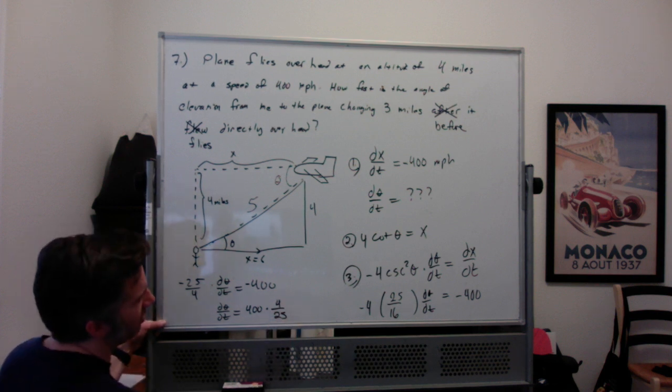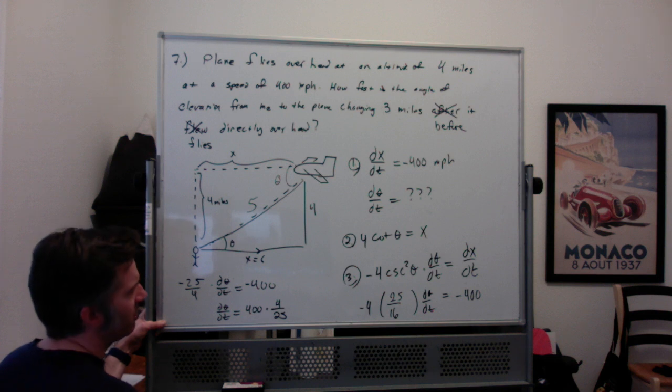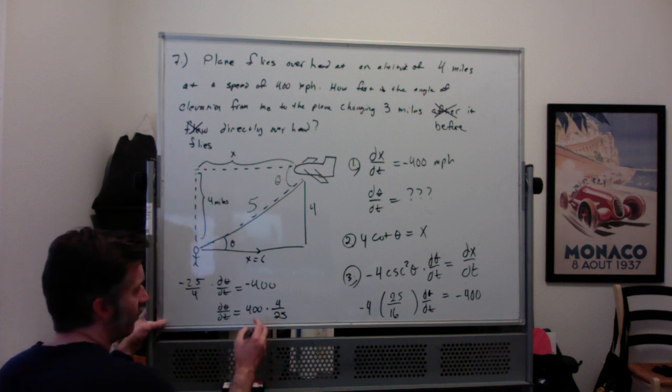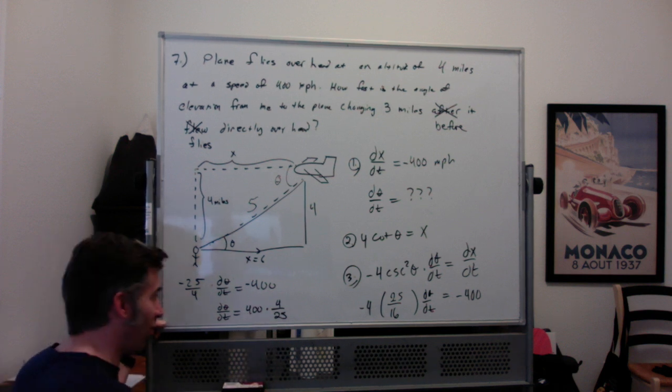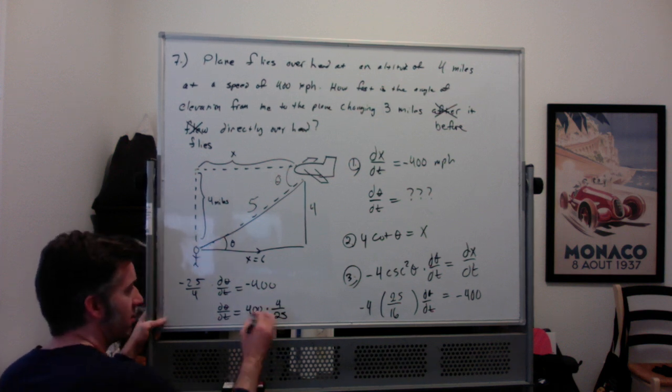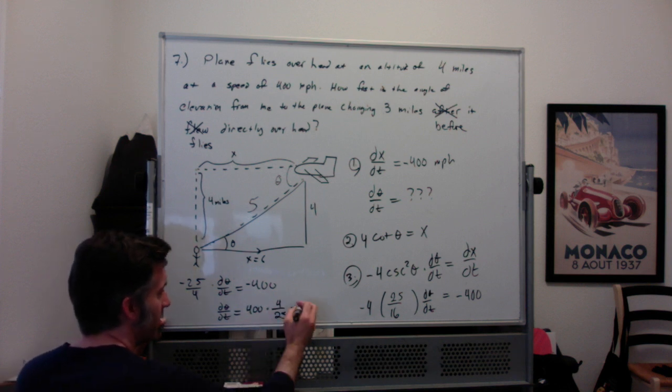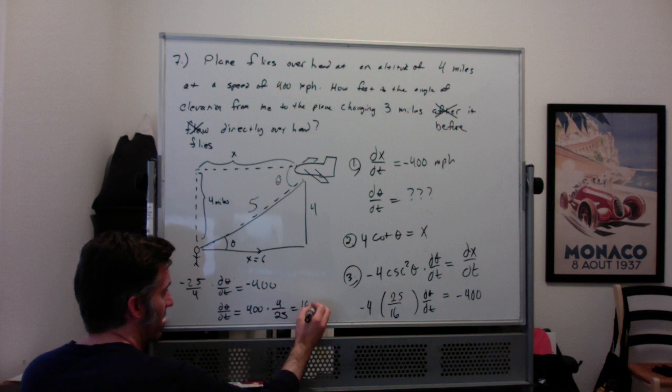Is that right? I feel like I made a mistake. No, I don't think I did. Yeah, that seems right. So this is going to be 400 divided by 25. So 100 divided by 25 is 4. So this is going to be 16 times 4, right?